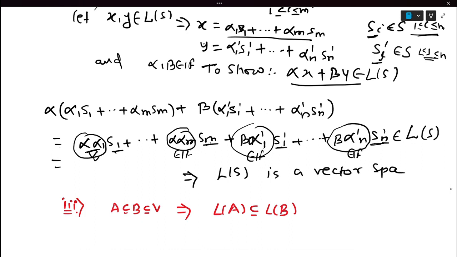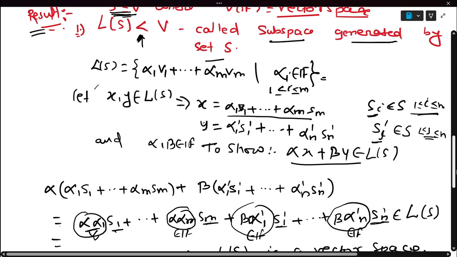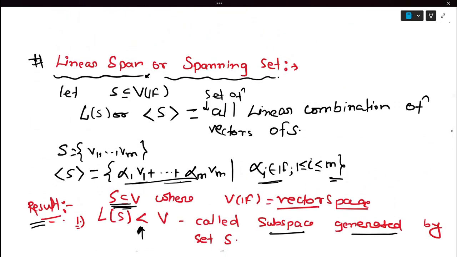vector space. Okay, here we need to think about what the linear combination will be when S is infinite. So for the span of a set, we always take finite linear combinations.